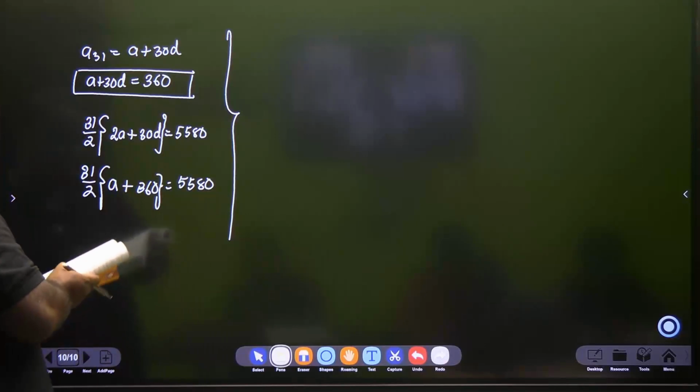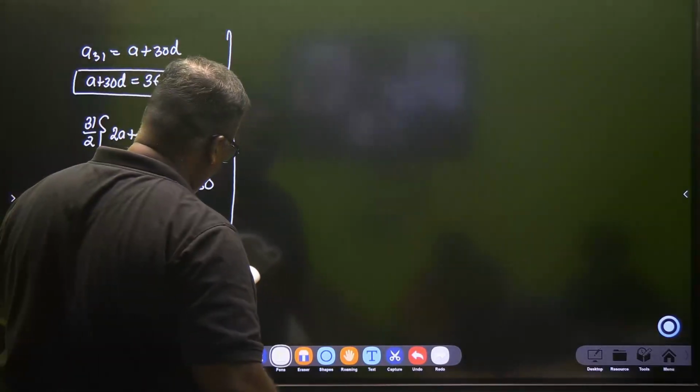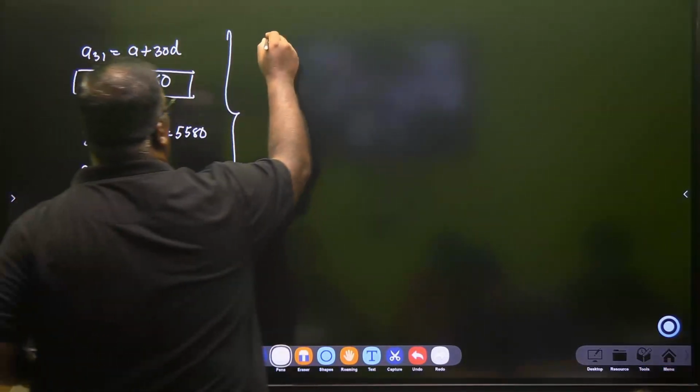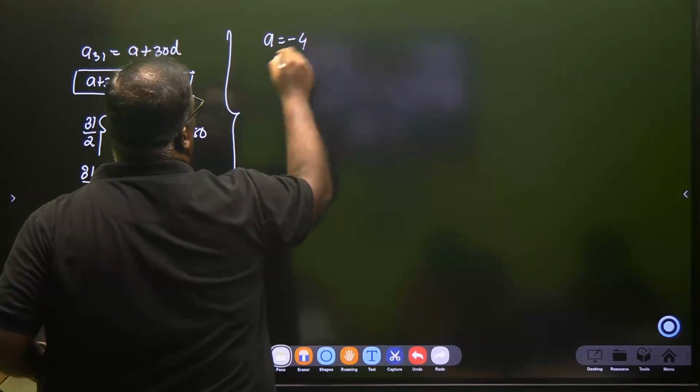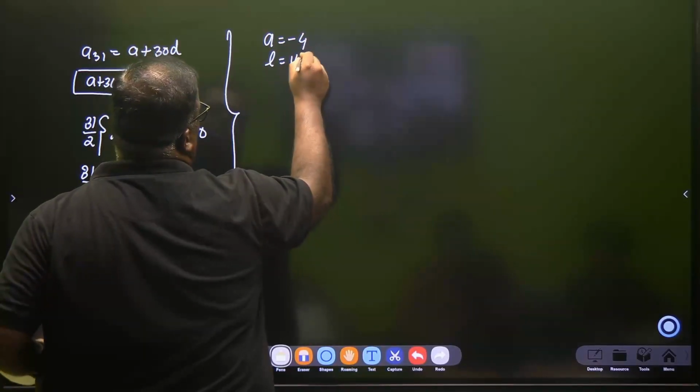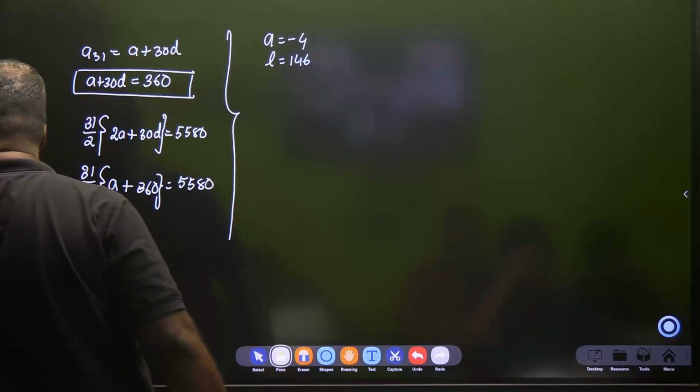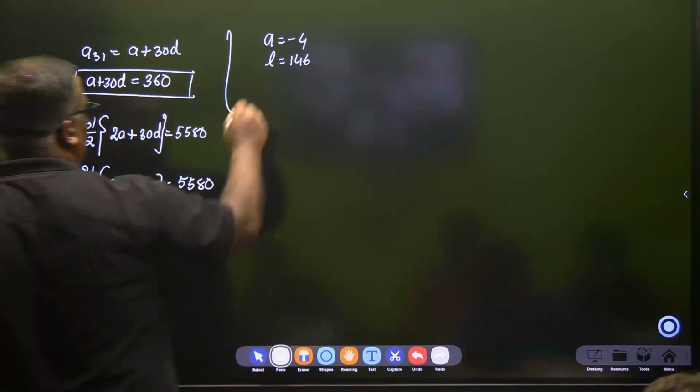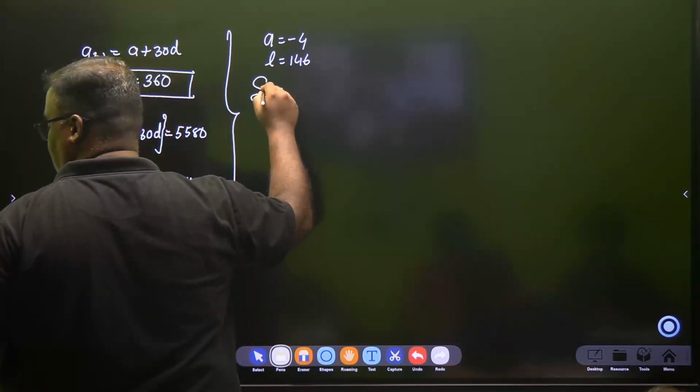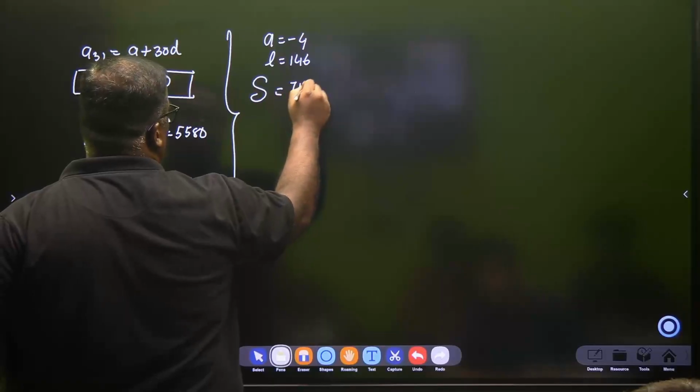Next problem. First and last term of an AP are -4 and 146. A is equal to -4, L is equal to 146. The first and last term of the AP are given, and the sum of the AP, I don't know how many terms, is given as 7171.